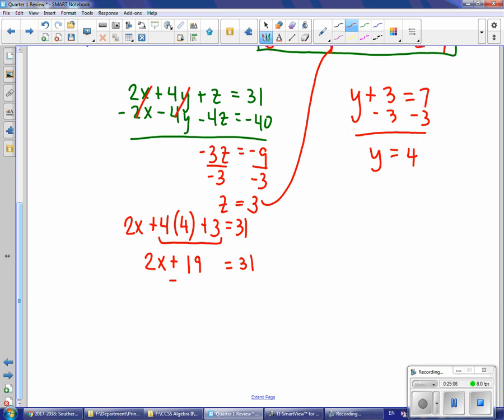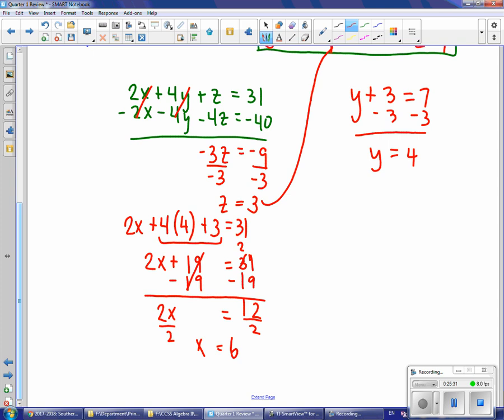And so to solve, I'm going to subtract 19 from both sides. Cancel out, and I get 2x is equal to 31 minus 19. I'm not even going to use my calculator. If I borrow from the 3, I've got 11 minus 9, that's going to give me 2, and then 2 minus 1 is going to give me 12. So I get that 2x is equal to 12. If I divide both sides by 2, I get that x is equal to 6.